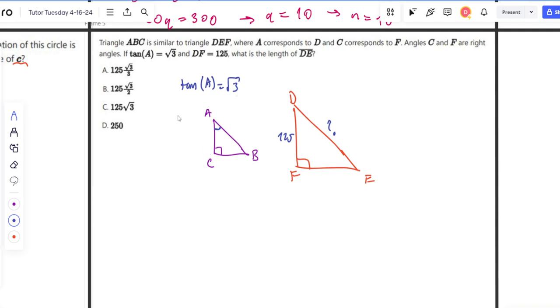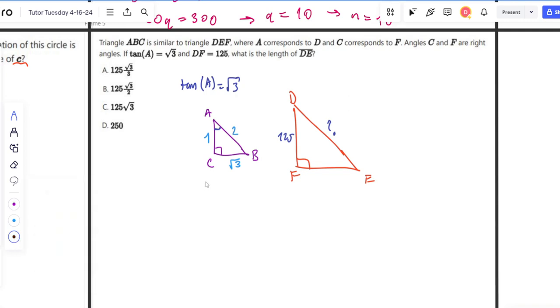But if tangent of A is root 3, it means the ratio of the opposite to the adjacent side is, say, root 3 over 1. And so the hypotenuse here would be the square root of root 3 squared plus 1 squared, the square root of 4, which is 2.